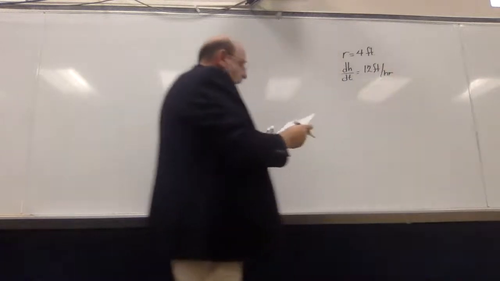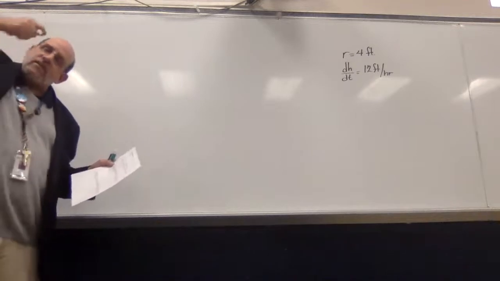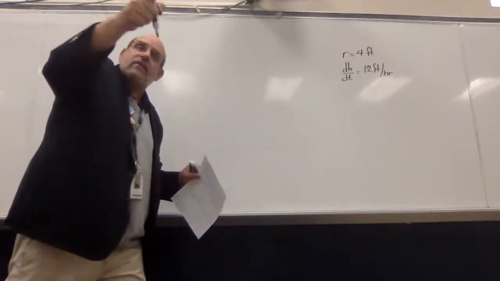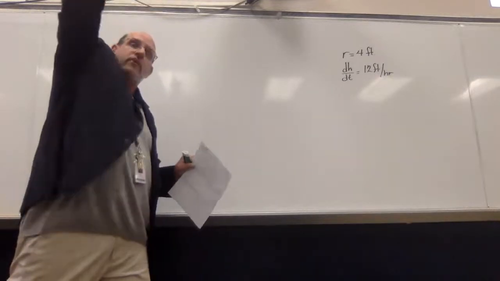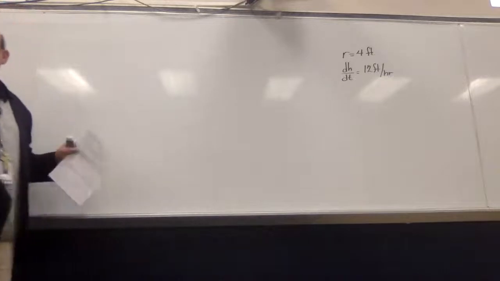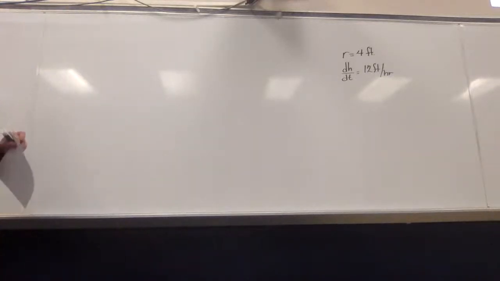Because I'm talking in terms of physics, I get to decide whether up is positive and down is negative. It's subjective. So I'm going to keep that as positive. Is that all right?